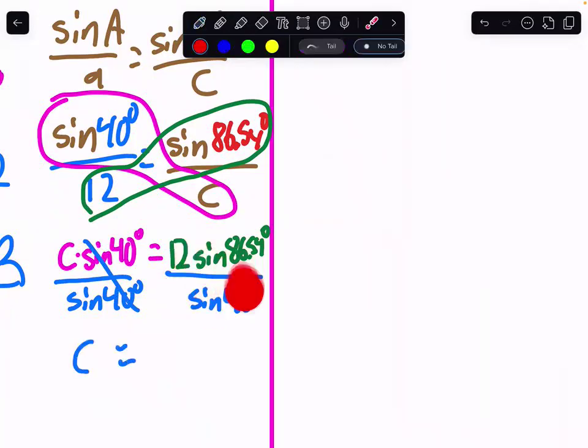Okay, so we're ready to type the right side into our calculators. We have 12 sine 86.54 degrees all over the sine of 40 degrees. So c, I get 18.63.